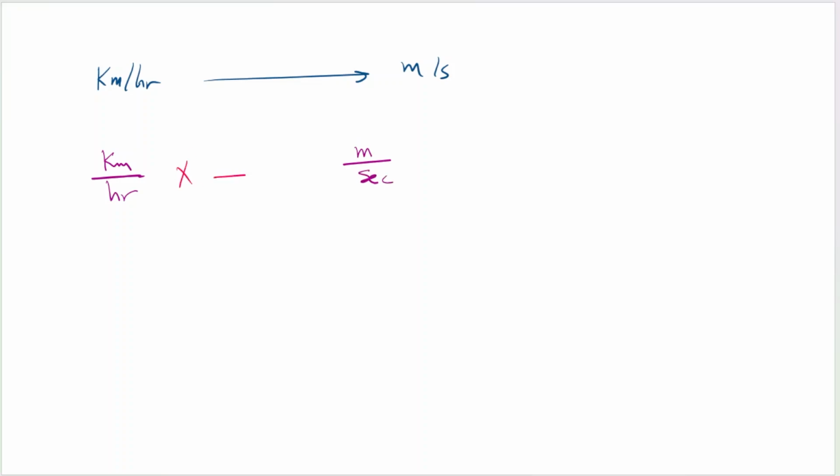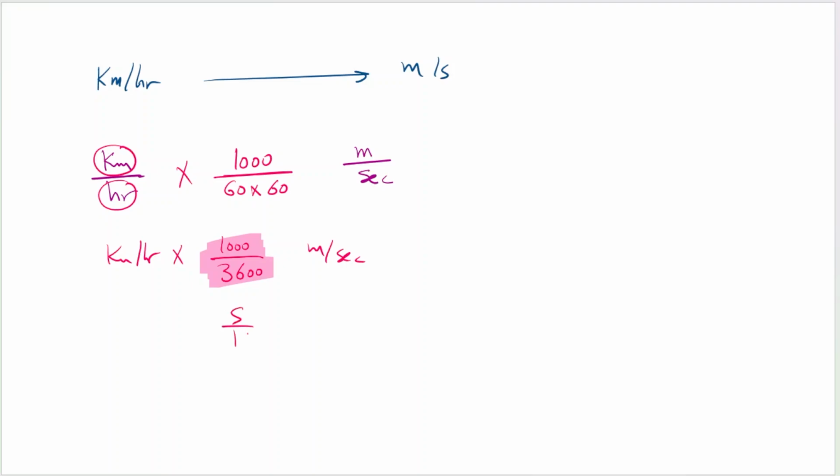To convert from kilometer into meter, we multiply by 1000. To convert from hour to second, we can't do this directly. We need to do it in 2 steps. 1 hour contains 60 minutes, and each minute contains 60 seconds. So to convert from kilometer per hour into meter per second directly, you multiply by 1000 over 60 times 60, which is equal to 3600. This number in the simplest form is equal to 5 over 18.